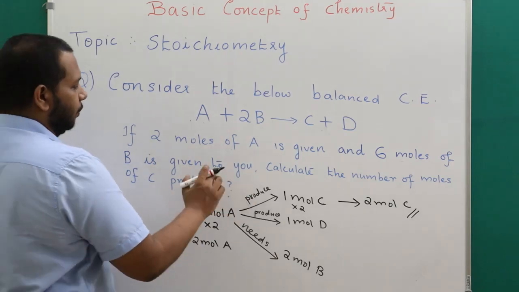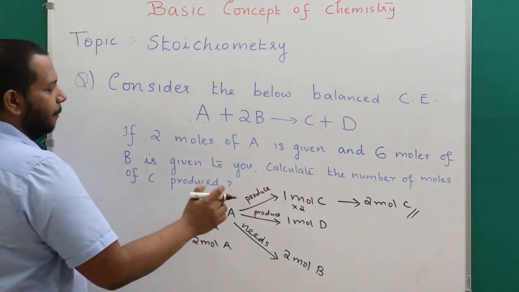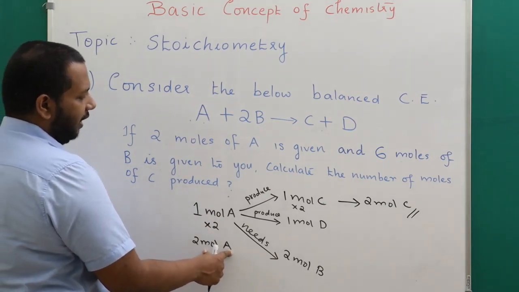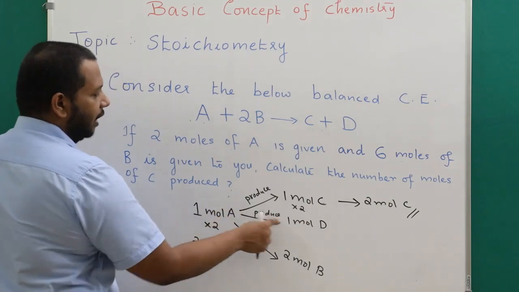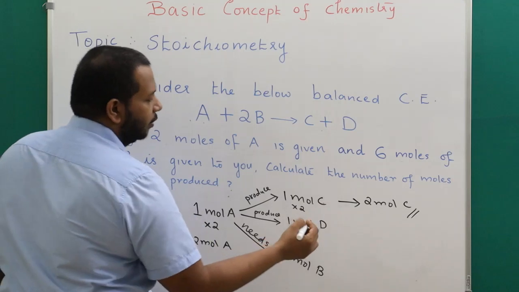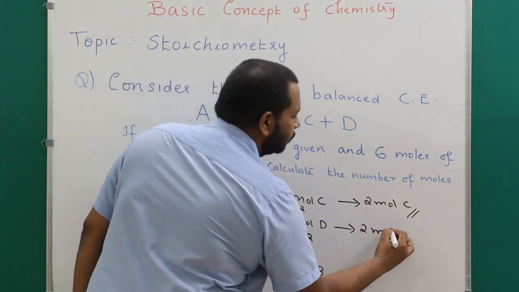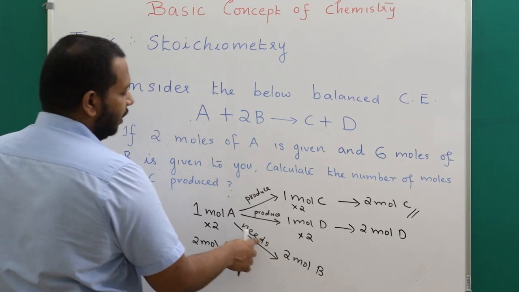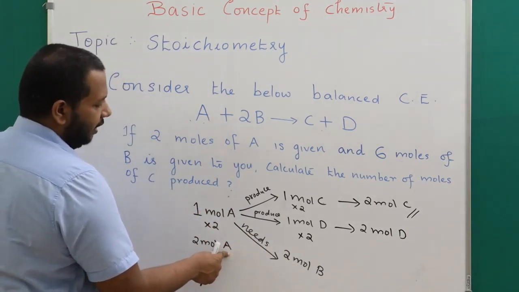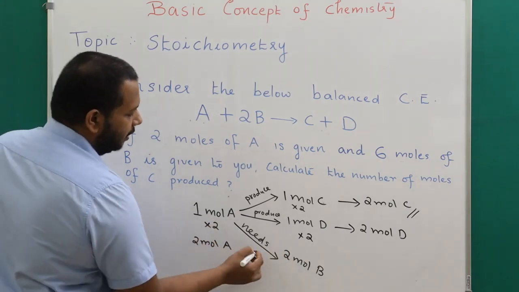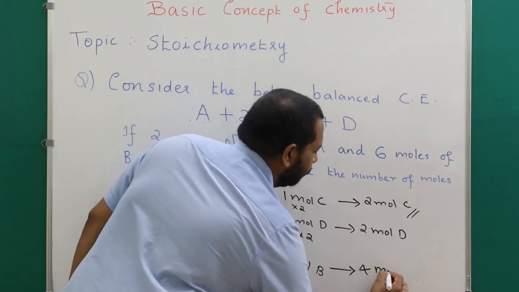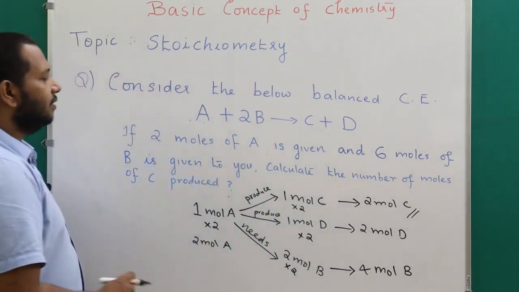Suppose what is given to you? 2 mole of A. So 2 mole of A can produce, now tell me, 1 mole can produce 1 mole of D, so 2 mole of A can produce 2 mole of D. And 1 mole of A needs 2 mole of B, so 2 mole of A needs, multiplying by 2 here and here also, 4 mole of B.